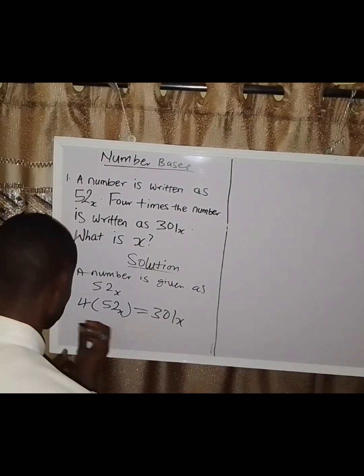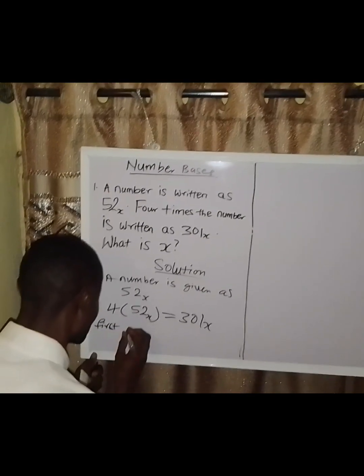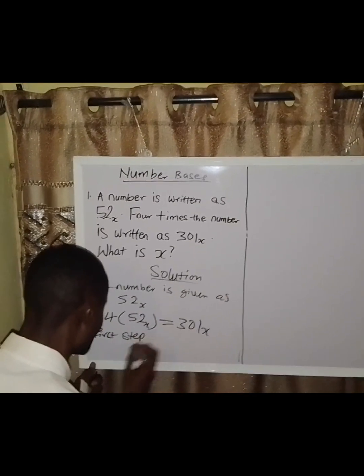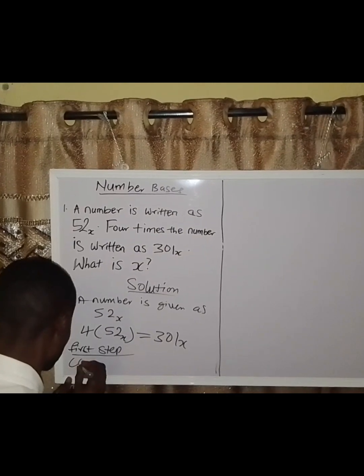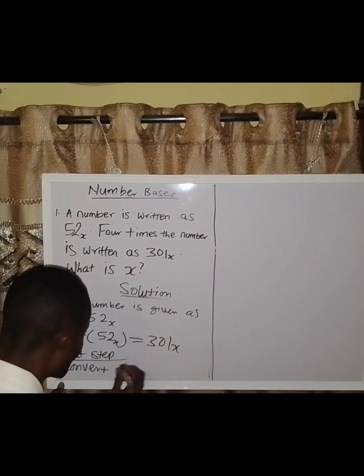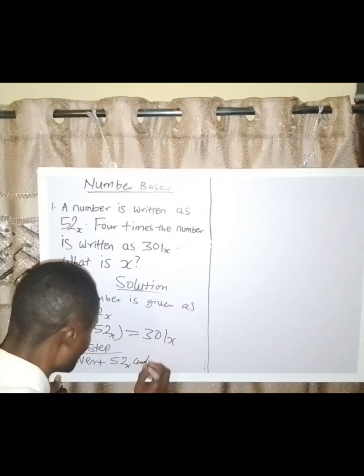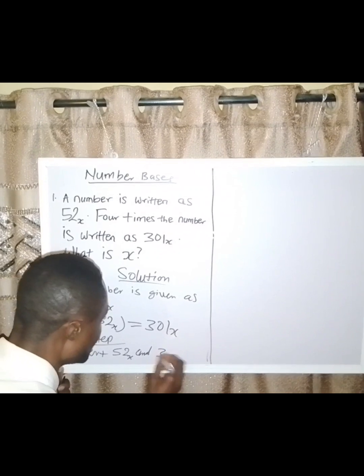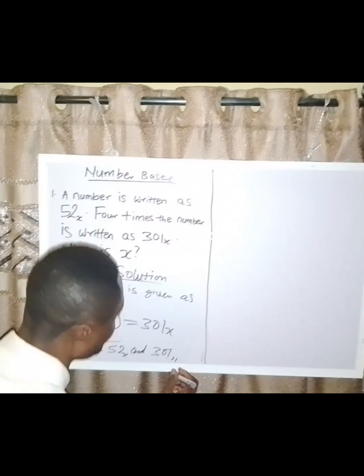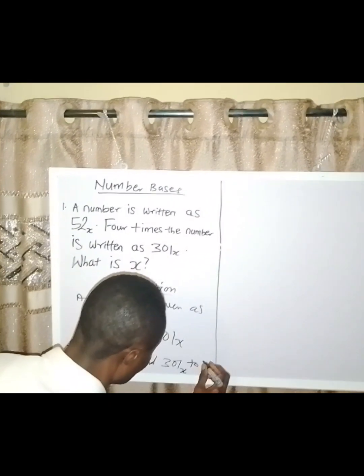So the first step required is to convert 52 in base x and 301 in base x to base 10.